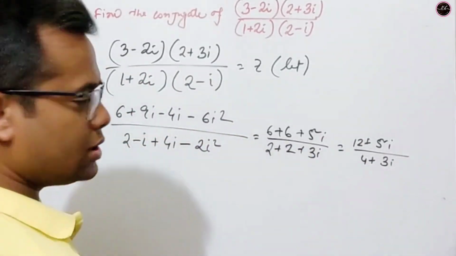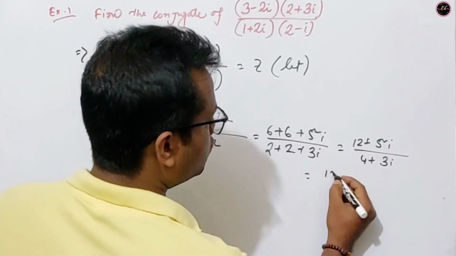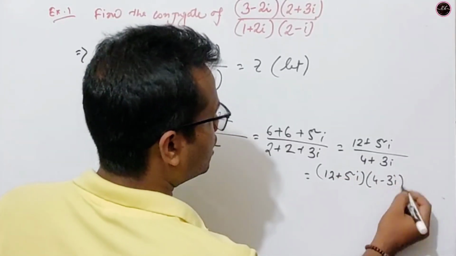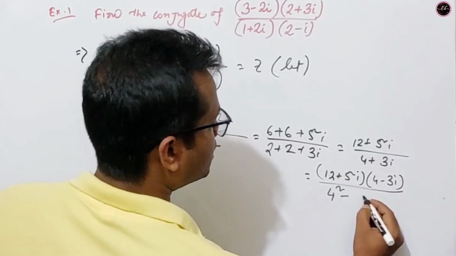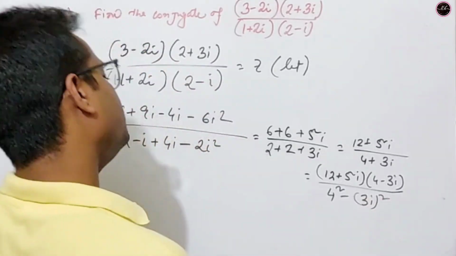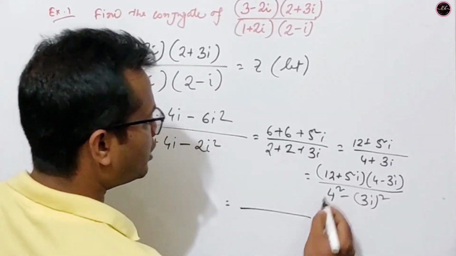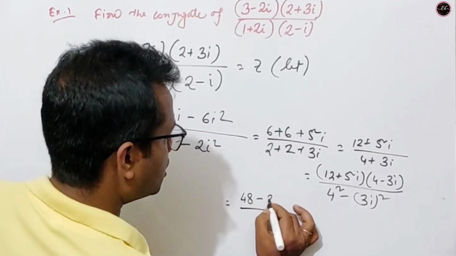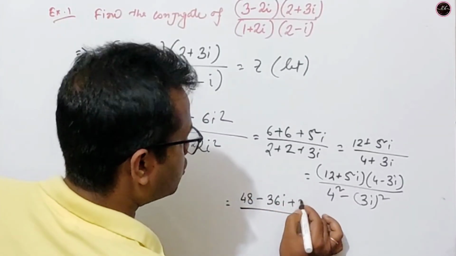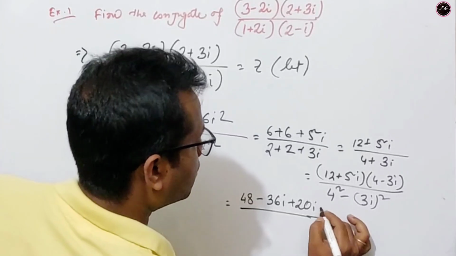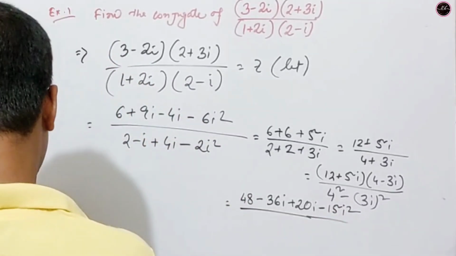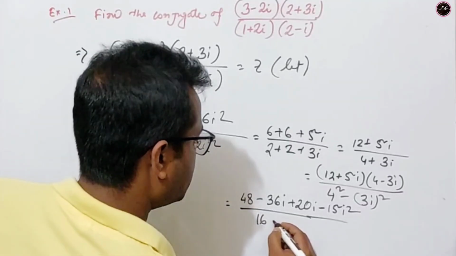Just rationalize this. We get 12 plus 5i into 4 minus 3i divided by 4 square minus 3i whole square. Therefore we multiply: 48 minus 36i plus 20i minus 15i square, over 16 plus 9.